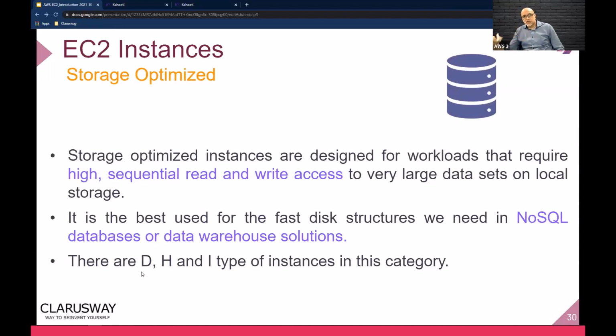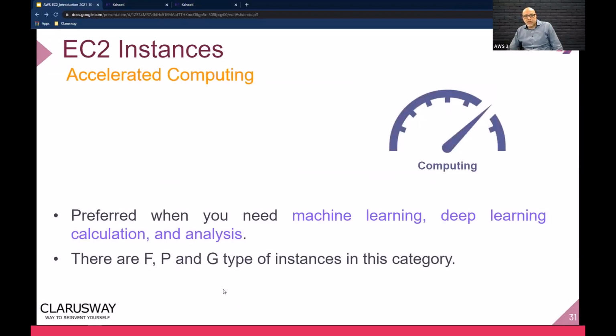This is going to give you more storage per CPU or per gigabyte of RAM than the other ones. And then accelerated computing: machine learning, deep learning. People use it for high performance computing. You've got GPU processors and things like that, which are part of these types of instances.